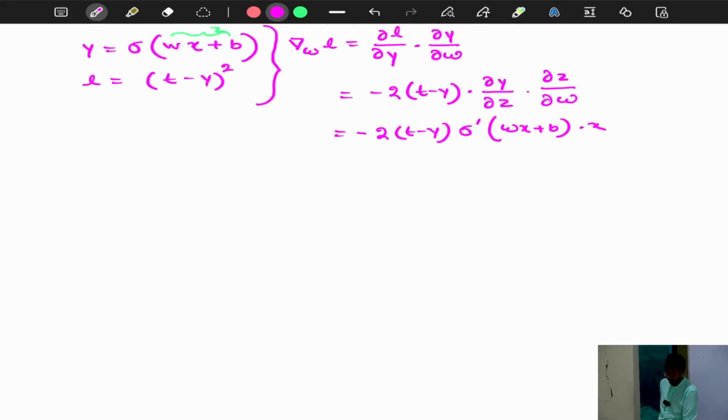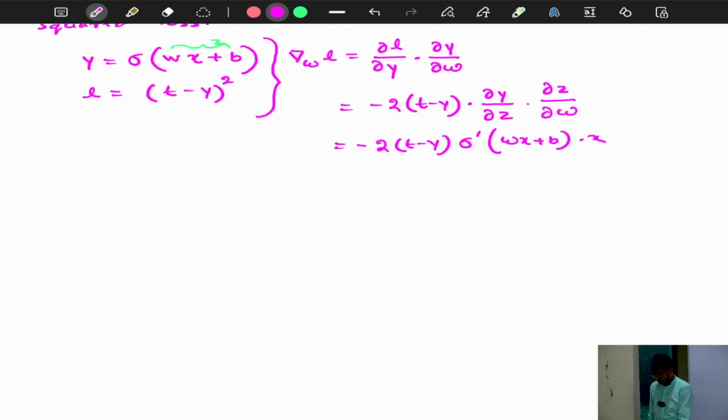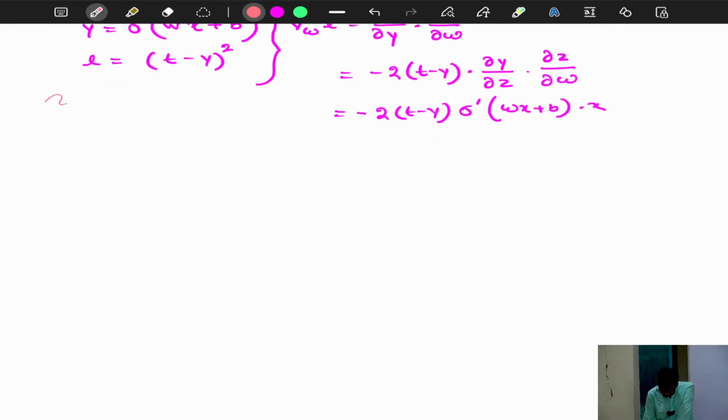Okay. Now, I want you to also help me compute the gradient with respect to b, because we want to observe what is happening. So, that is why we will do both manually. So, let us do the b one. I will write it here.